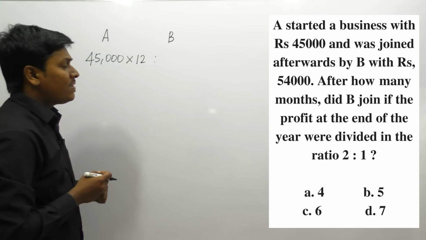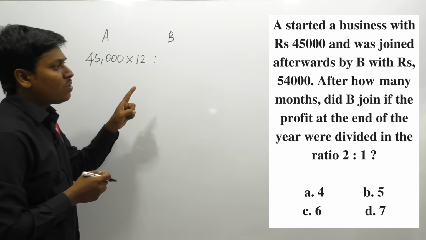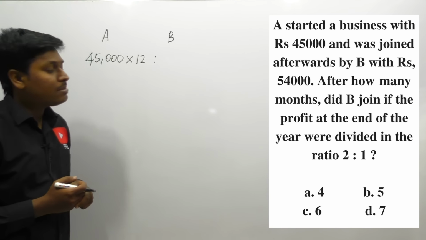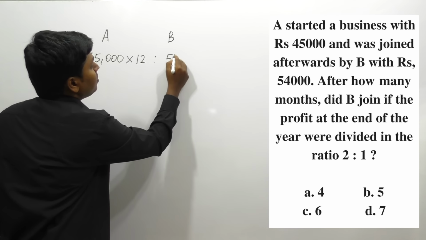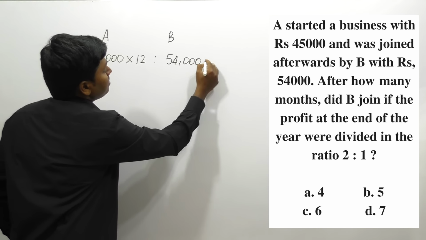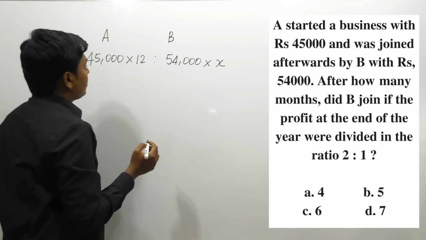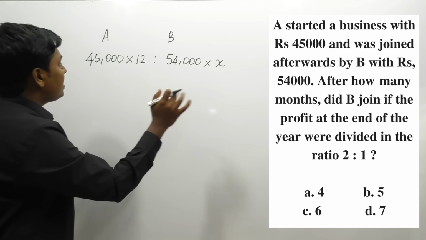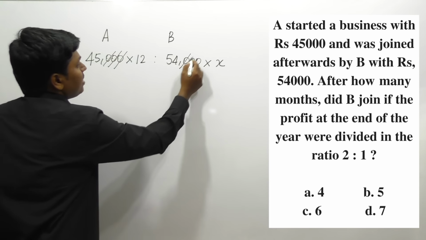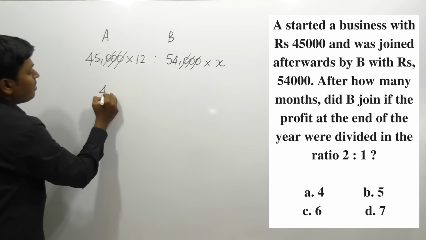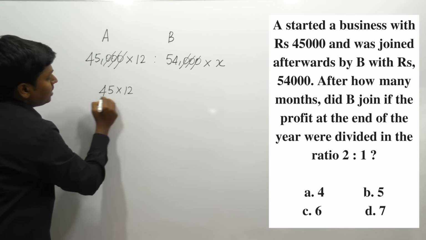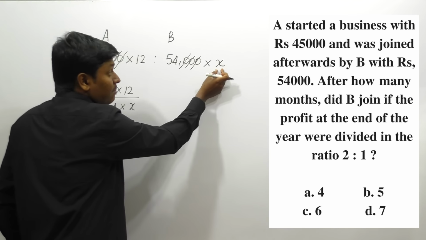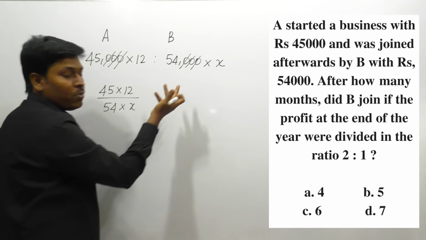Okay, friends, listen here, person B joined afterwards, right? But we don't know for how long B was in the business, but B is investing 54,000. So let me assume 54,000 into X. Friends, they have given that the profit is in the ratio 2:1. Listen here, we can cancel 30, similarly we can cancel 30. So this can be written as 45 into 12 divided by 54 into X. Friends, this X means we don't know how long B was in the business, right?